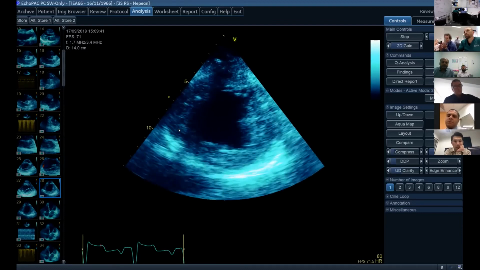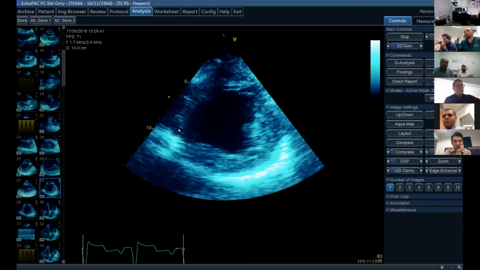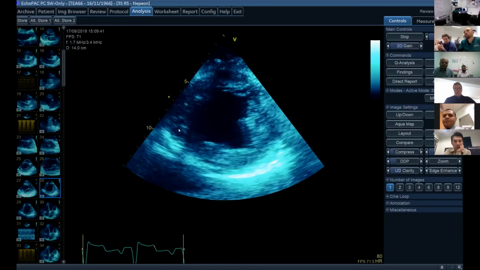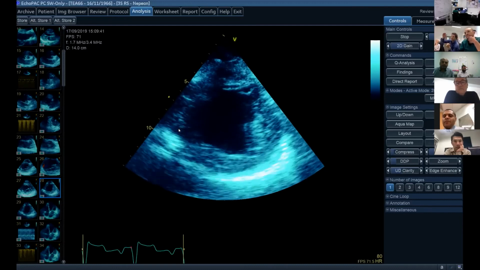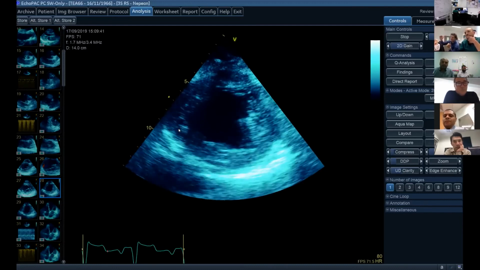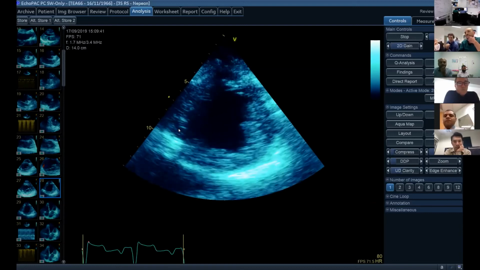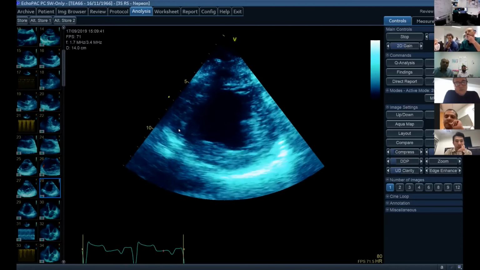Because I think if you're asked to talk about regional wall motion abnormality, first of all you have to describe which segments they are, and that's not saying septal or lateral. You've got to be talking about anterior, inferior, anteroseptal, inferoseptal, inferolateral, anterolateral. Be describing the 16 segment model, or 17 if you use it, and talk about which segments are abnormal.